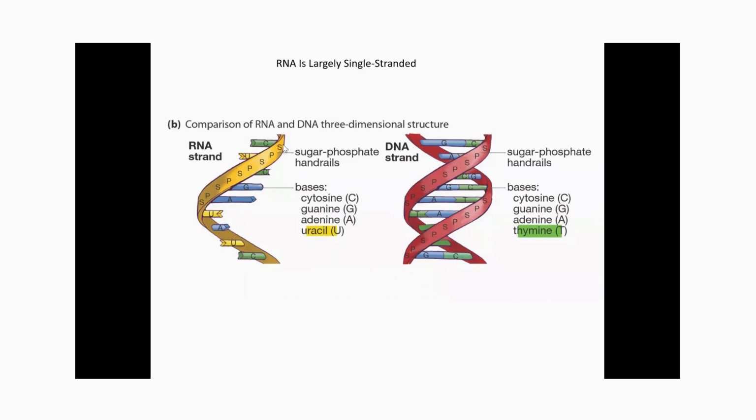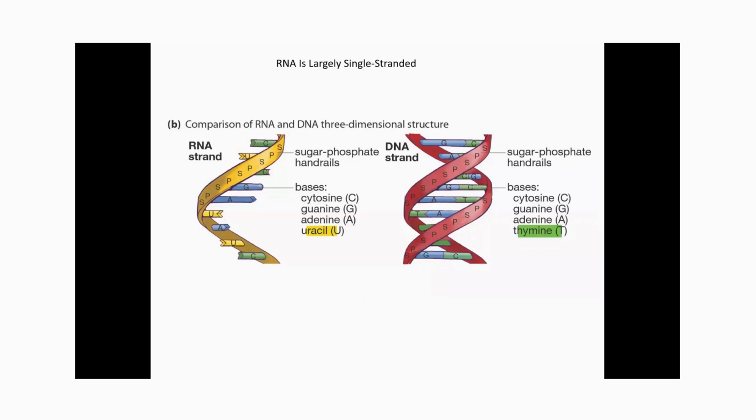Another important difference is in the sugar molecule. Deoxyribose sugar is present in the DNA molecule, while ribose sugar is present in the RNA molecule. So these are the three major differences. Remember, the first difference is that DNA is double stranded, RNA is single stranded.